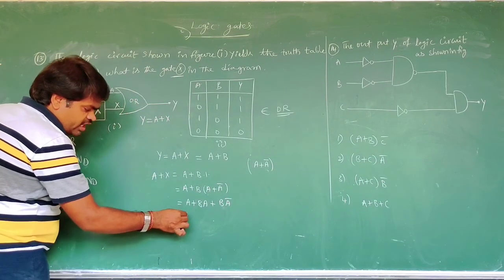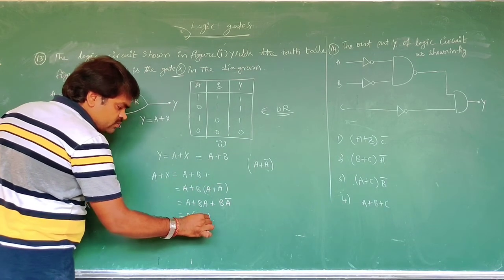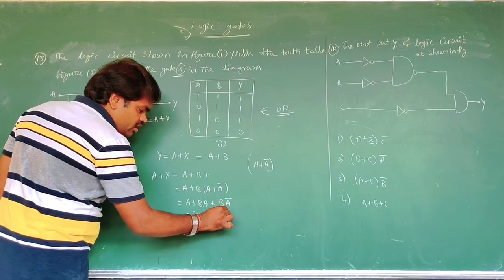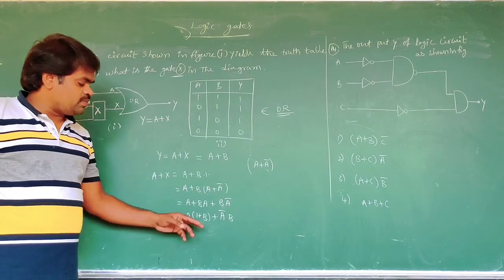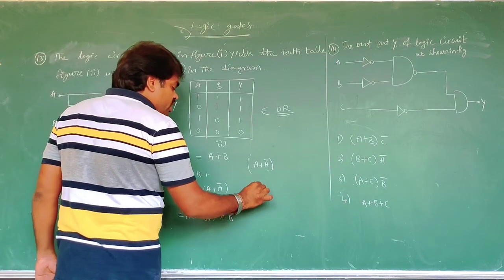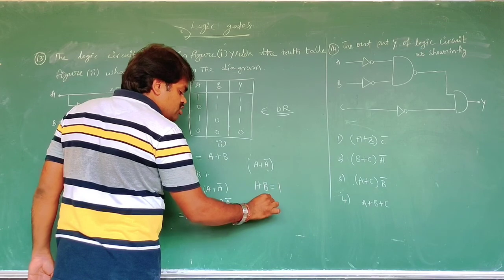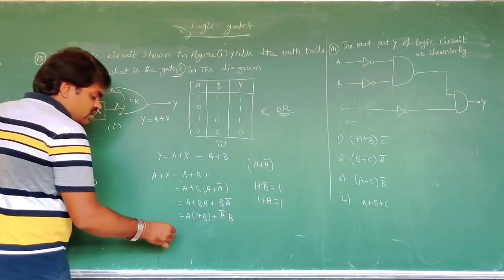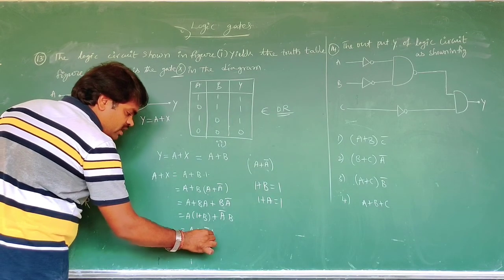Now we are taking A common here: A into 1 plus B plus A bar dot B. Now 1 plus B, we know the operation of the OR gate. 1 plus B is equal to 1, or 1 plus A is also 1. That's why it is 1. Then A plus A bar B.